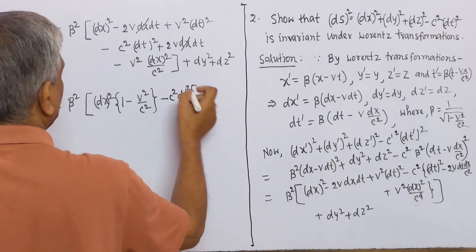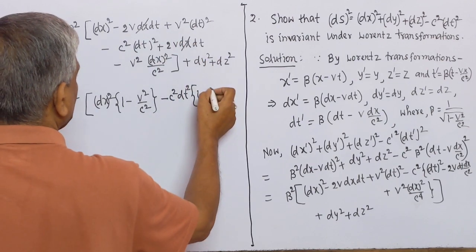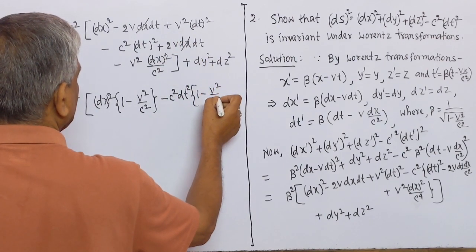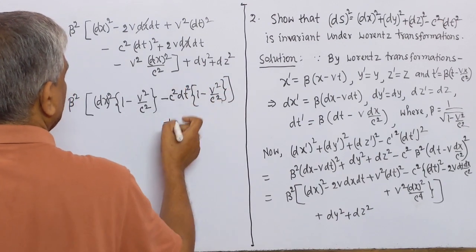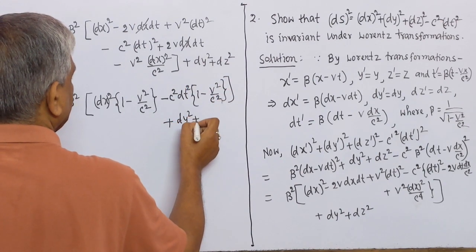So remains here 1 minus v square by c square, plus dy square plus dz square.